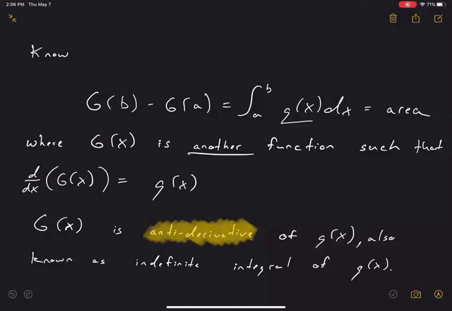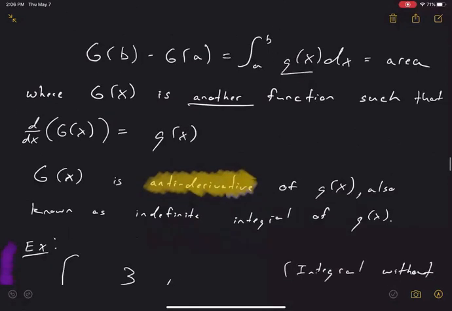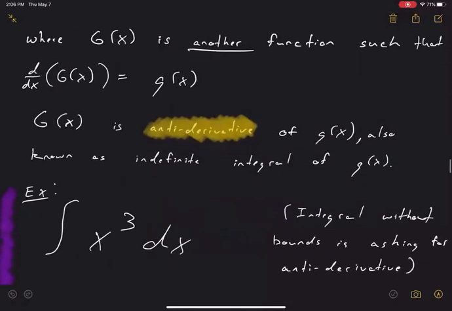Just a quick note that the antiderivative is also known as the indefinite integral. Okay, so they're synonymous. And how do we denote this? We would denote the antiderivative or indefinite integral as an integral sign with no bounds.